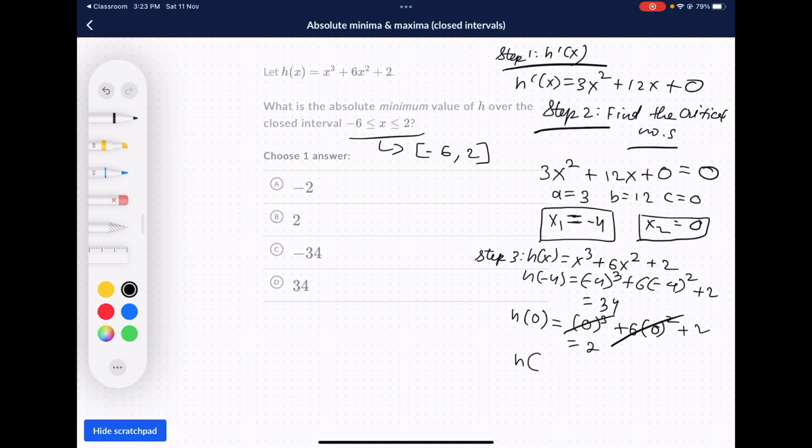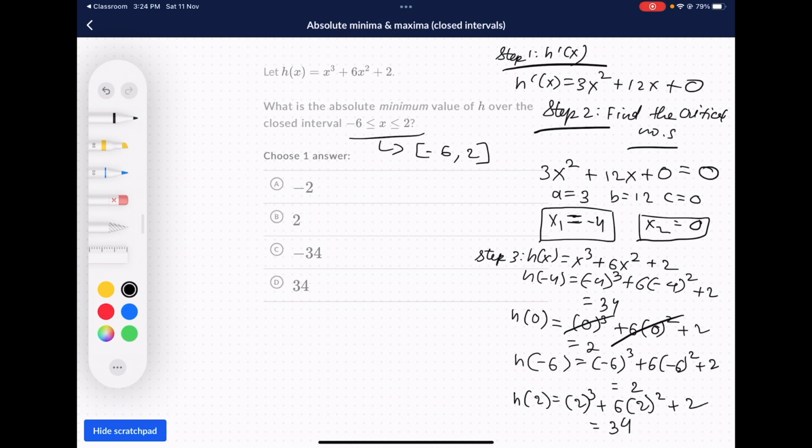And now when x is equal to negative 6, we will get negative 6 cubed plus 6 times negative 6 squared plus 2, which is equal to positive 2. And lastly, when x is equal to positive 2, 2 cubed plus 6 times 2 squared plus 2, which should be equal to positive 34.